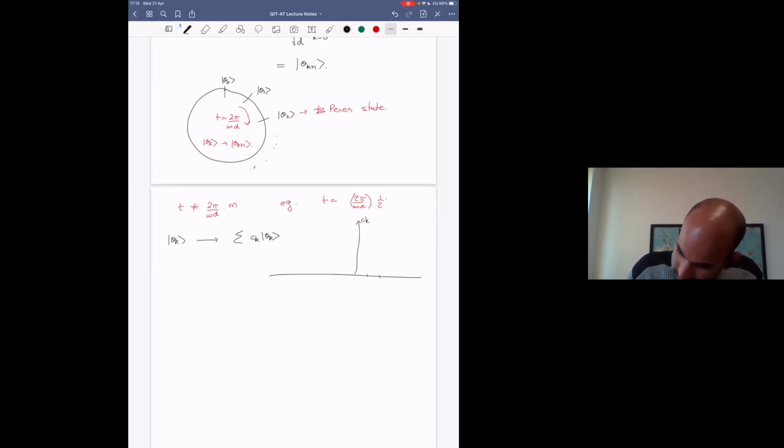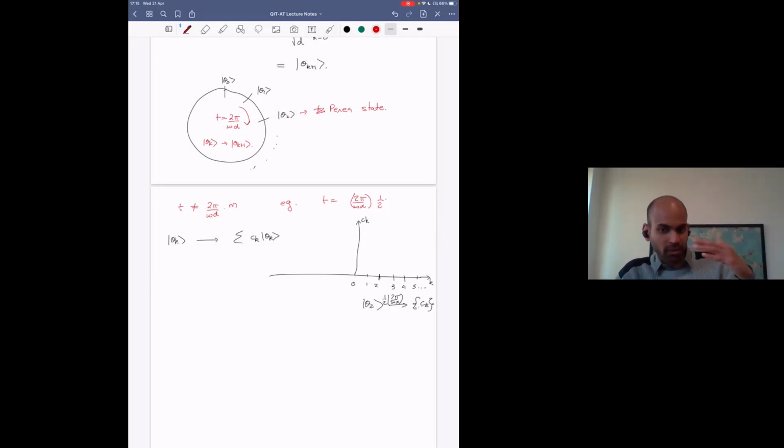But in between, what it turns out that c_k is, if I plot c_k as a discrete plot of k, so this is 0, 1, 2, 3, 4, 5, and so on. Imagine that I started at theta 2, and then in 2 pi by omega d times half, I go to this set of values.